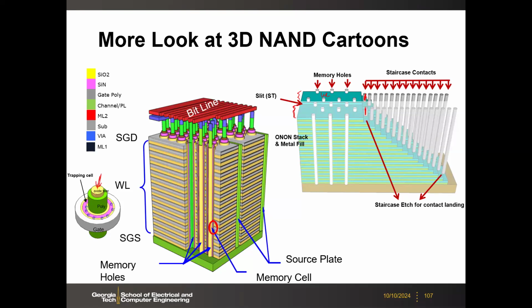In the initial design, the entire pillar is polysilicon, but in the recent designs, the core is a core-shell structure. The core is the oxide, and then the shell is a polysilicon channel. Okay, and then you have your ONO nitride charge trap layer.